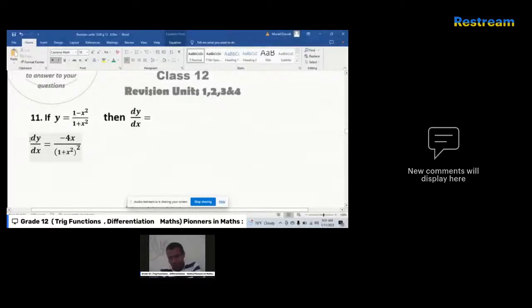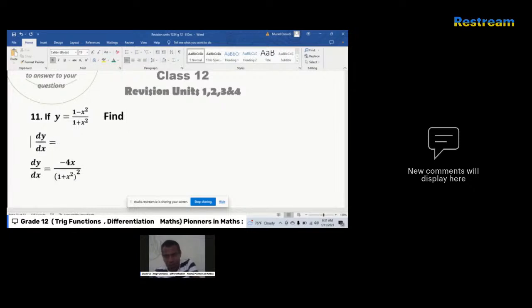I will make this small a. Then I will write find. Find first of all small a, and then small b. Small b will be the second.